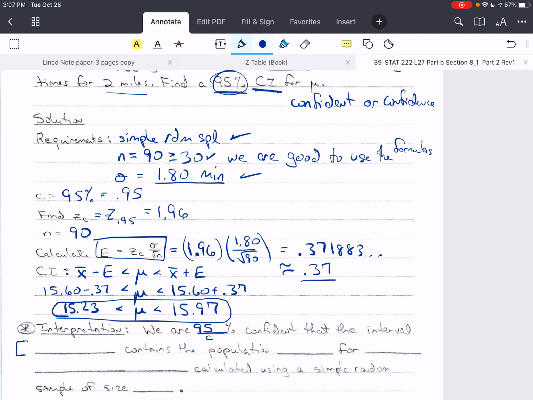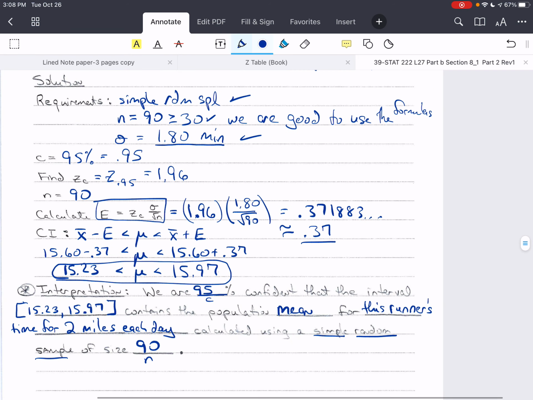and now we write this in interval notation, so 15.23, comma, 15.97, contains the population mean for this runner's time for 2 miles each day, calculated using a simple random sample of size 90.